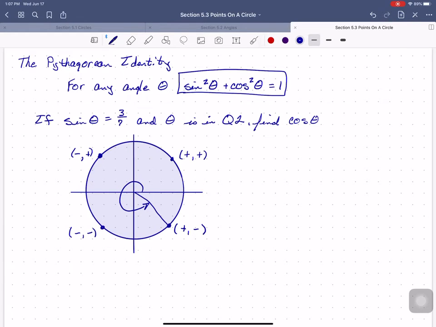All right, so back to the problem at hand. What we have is a point in the second quadrant, and we know that the sine of theta is 3/7.